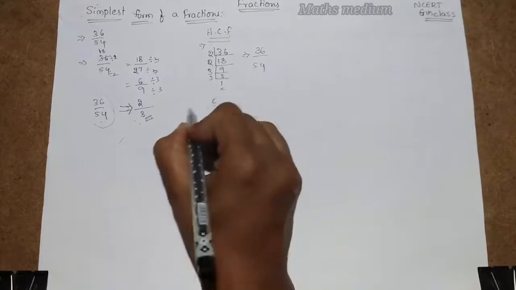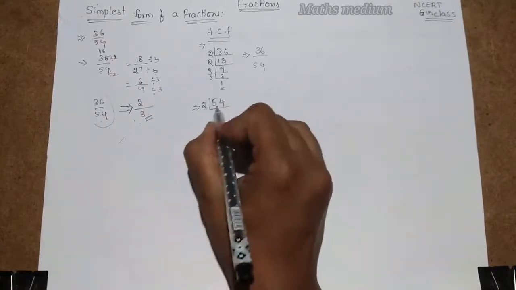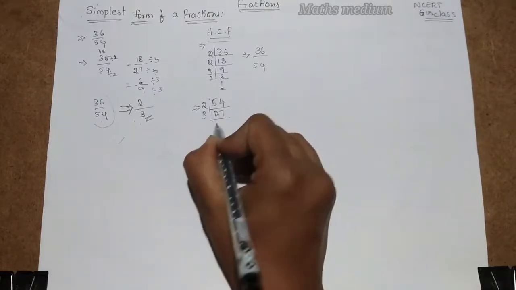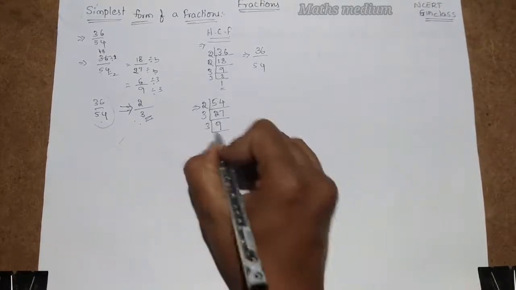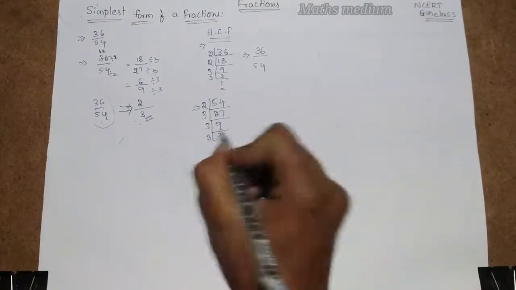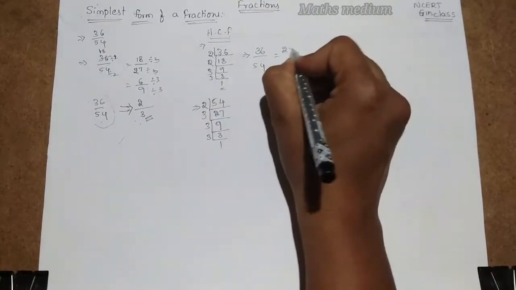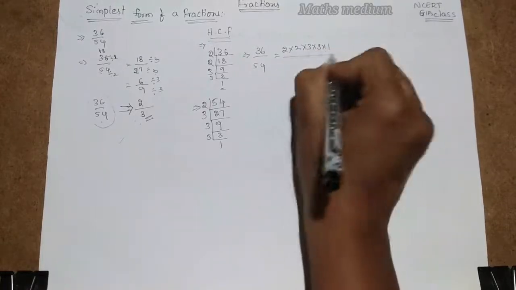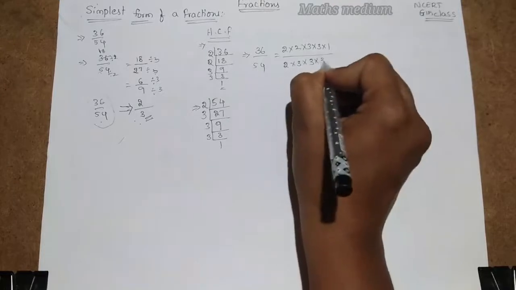And if you take 54 here, make this also as HCF. 2 2s are 4, 3 9s are 27, 3 3s are 9, 3 1s are 3. So if you represent this, 2 into 2 into 3 into 3 into 1 divided by 2 into 3 into 3 into 3 into 1.